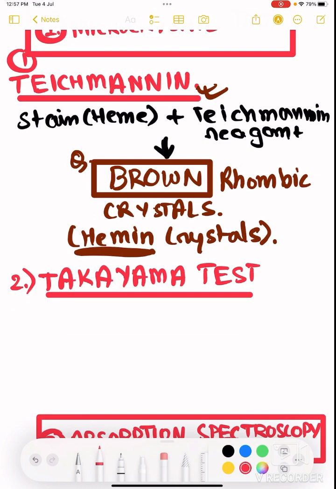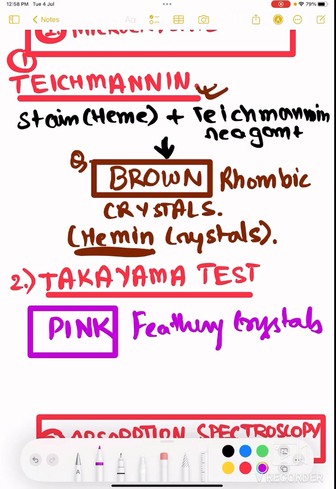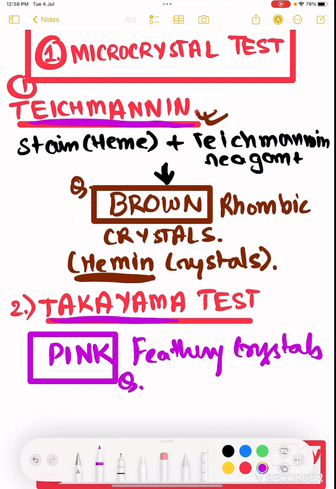In Takayama, the same reaction is done, but if we mix Takayama reagent, we will get pink feathery crystals, right? If it is written that pink feathery crystals are present, then it is the Takayama test. And if it is written that brown rhombic crystals are present, then it is the Teichmann test. Very important, you have to remember it, right?